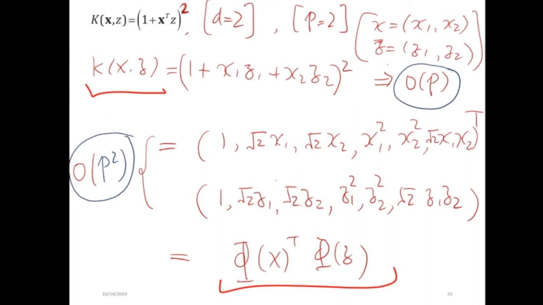And this is the big O definition, hopefully you still remember from the algorithm class. And this cost is O(p^2) for the explicit feature map. It's very easy to see, right? 1, 2, 3, 4, 5.